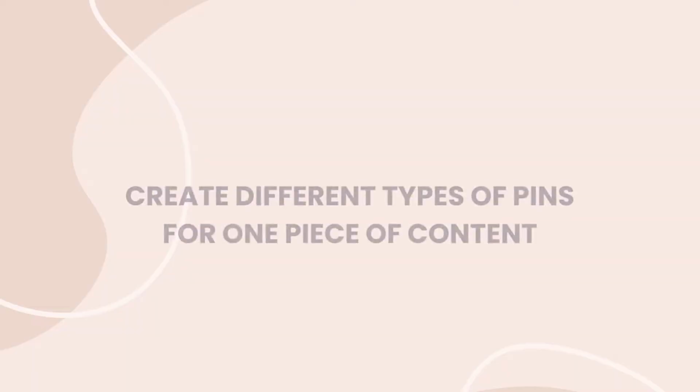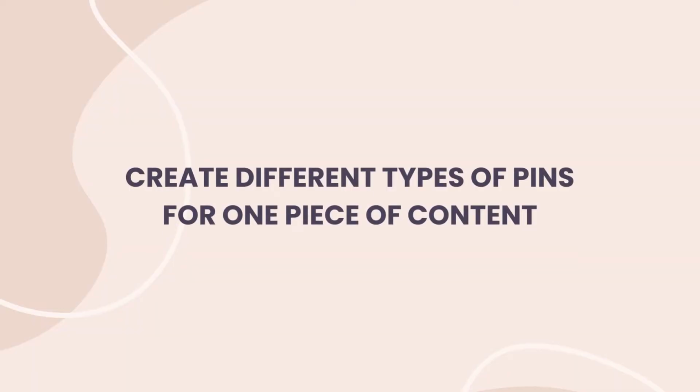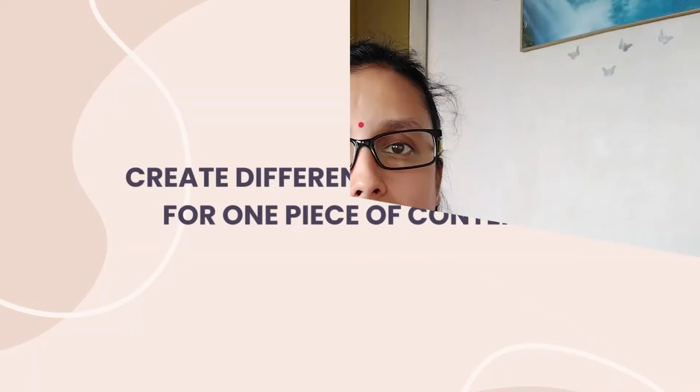Tip number 3. Create different types of pins for one piece of content. It is very difficult to create fresh pins every time. So what I would recommend is to create different types of pins for your blog post, products, or even your YouTube channel. So you can create a standard pin, idea pin, or even a video pin.